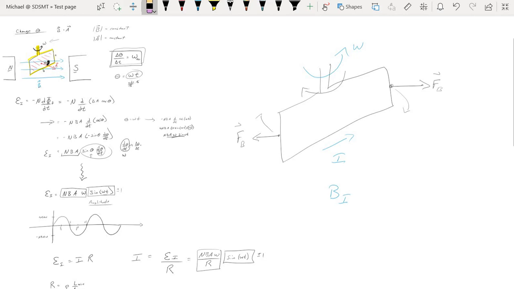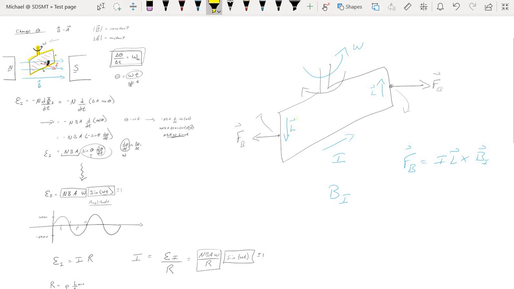So let's say our induced current is traveling this way. With respect to the two legs, the induced current is going to be pointing in those directions. Those directions can be used as the length vectors in the cross product relationship.